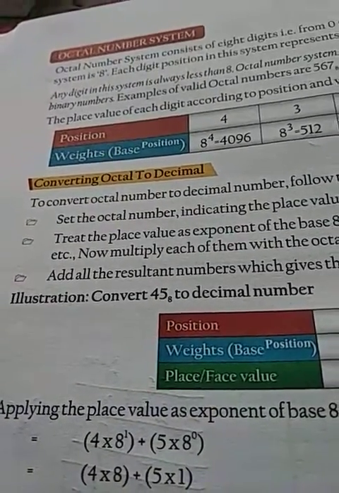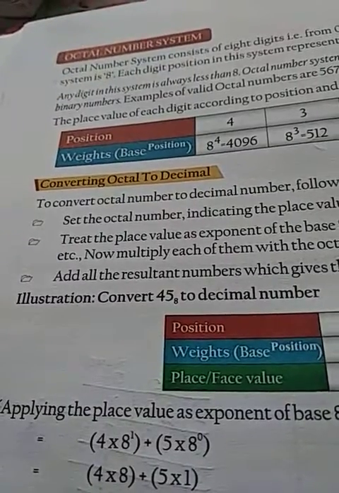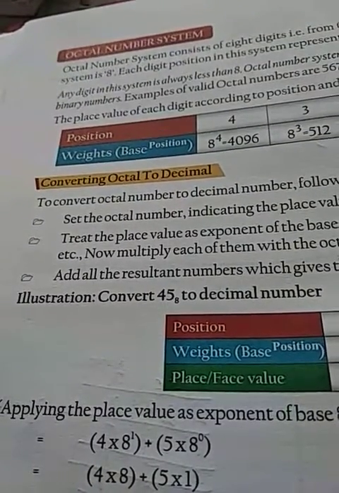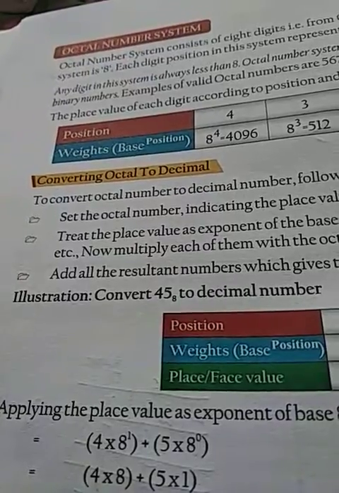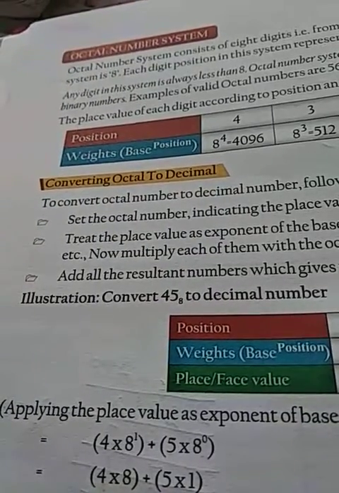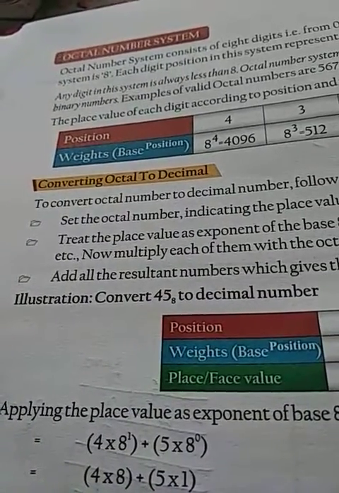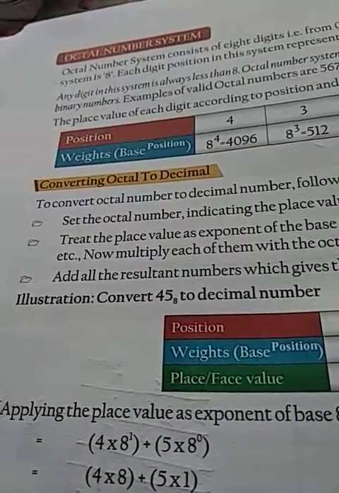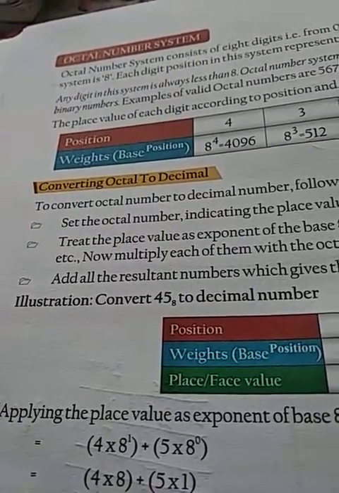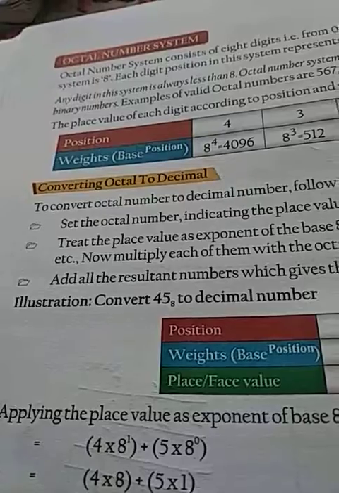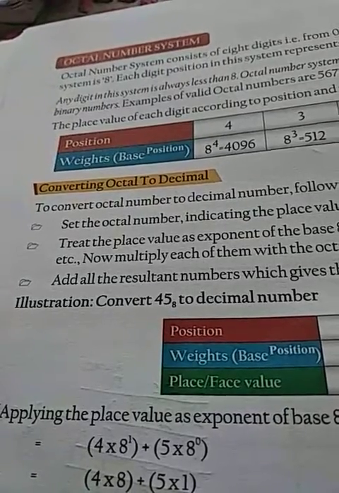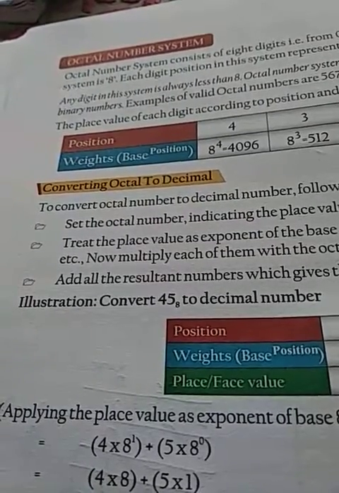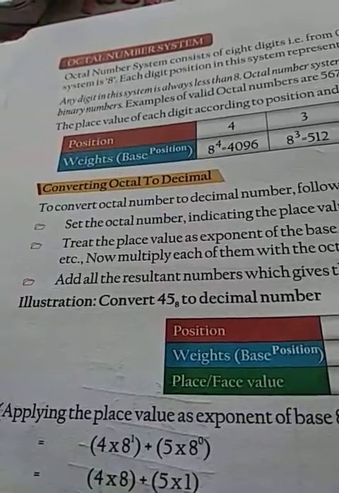Now we also have to learn how to convert octal numbers into decimal numbers. It's very simple. As we converted binary numbers into decimal numbers, similarly we have to convert octal numbers into decimal numbers. The only basic difference is that we have to use base 8 instead of base 2.